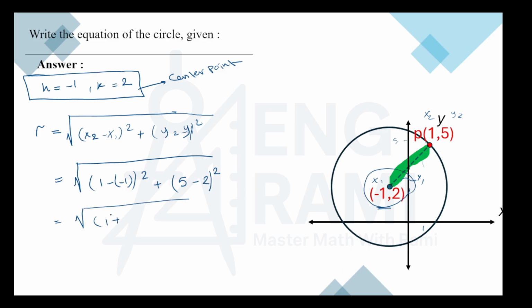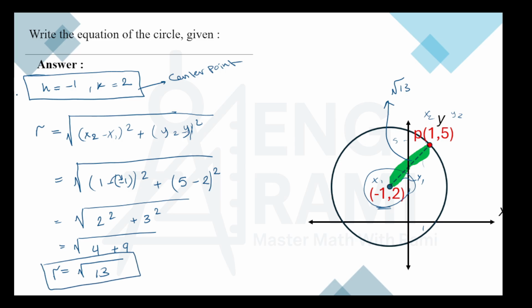I'll directly do it. This will cancel this. It will be positive 1 plus 1, which equals 2 squared, plus 5 minus 2 equals 3 squared. Then it will be square root of 4 plus 9, which equals the square root of 13. This is the radius of the circle, which is square root of 13. This is r.